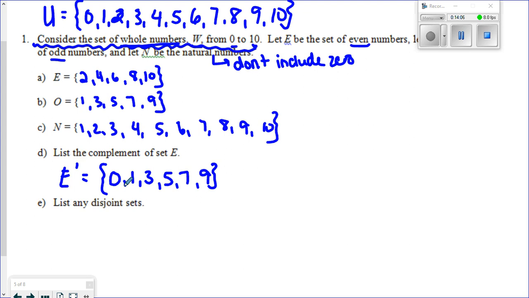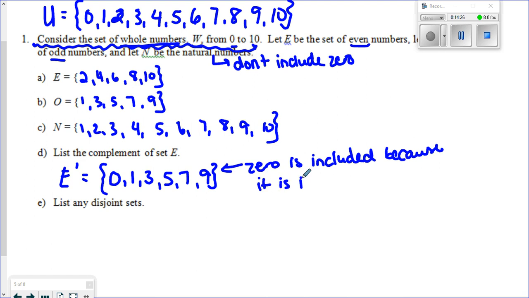Those are not even, along with 0, and they're within the universal set but not within the even numbers.